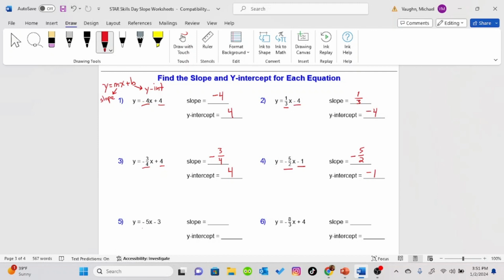Number 5, my slope is in front of my x, -5, and my y-intercept is by itself, -3. Number 6, my slope is in front of my x, -8/3, and my y-intercept is by itself, 4.